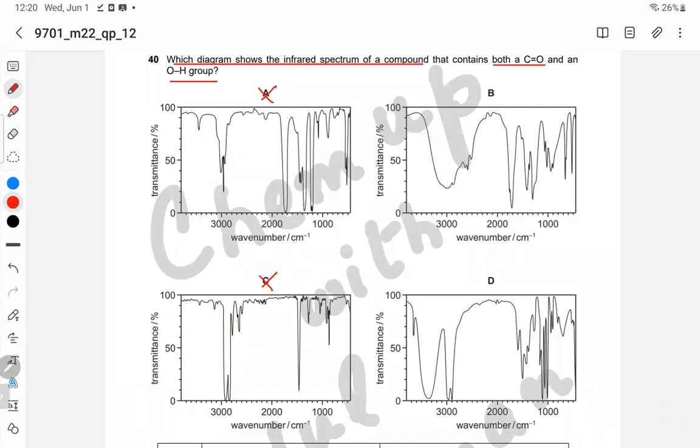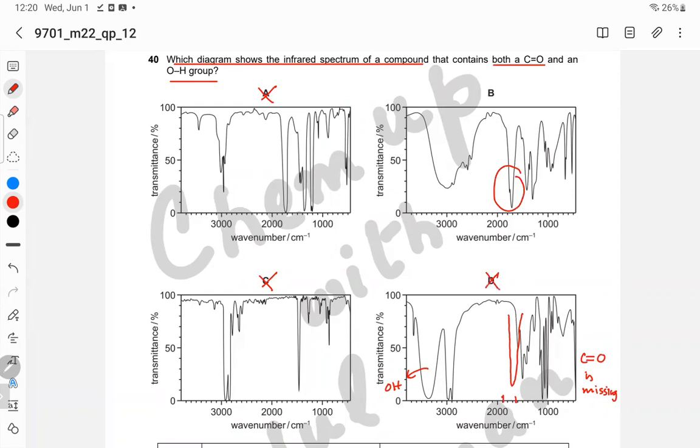Yes Munir, yes Ibrahim, and yes Tisha, now your answers are correct. This peak is of OH, but in this one C double bond O is missing. And why I am saying that it is missing: if you look in the data booklet, from 1600 to 1800, in this region you are going to observe a peak like this, which is over here.